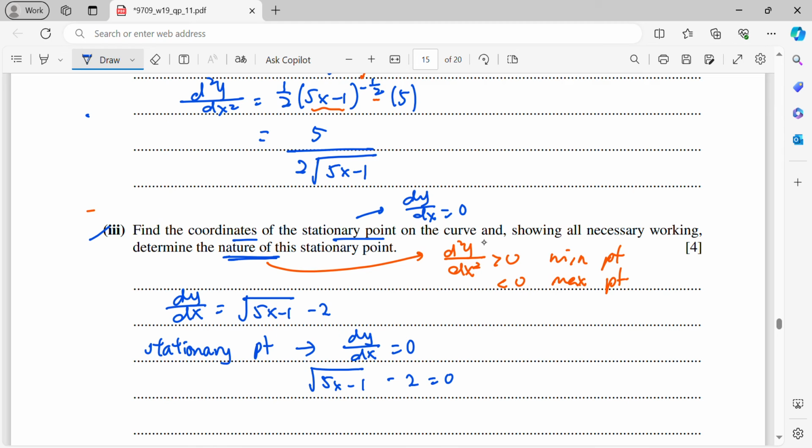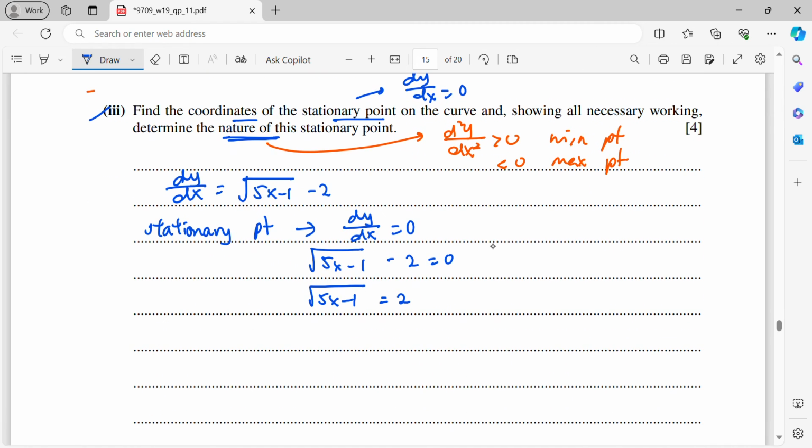So the minus 2 moves to the other side. You will get square root of 5x minus 1 equals 2. And now you square both sides. So when I square both sides, I will get 5x minus 1 equals 4. Then the minus 1 moves to the other side, I'll get 5. Hence my x equals 1.